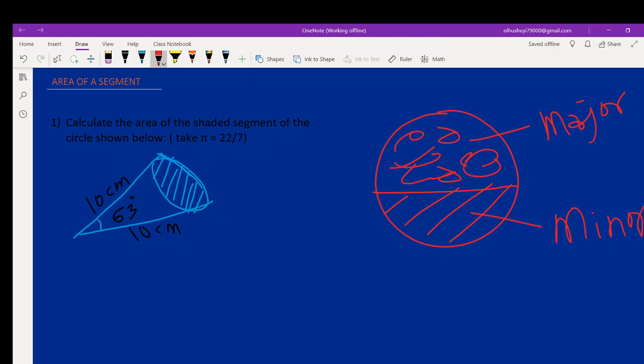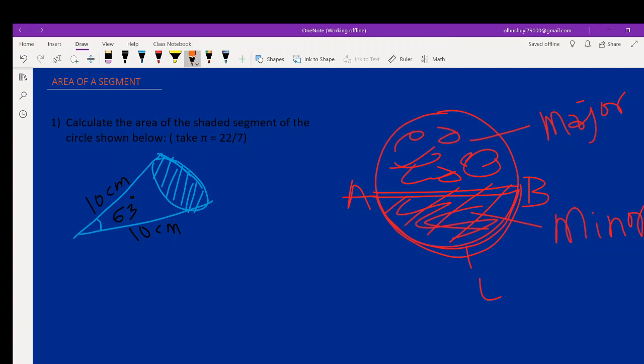If you are given a question and told to calculate the area of that segment, we've done the perimeter of a segment before. Look at this segment. It has an arc of length L, and it has a chord AB. So this region is what we need.